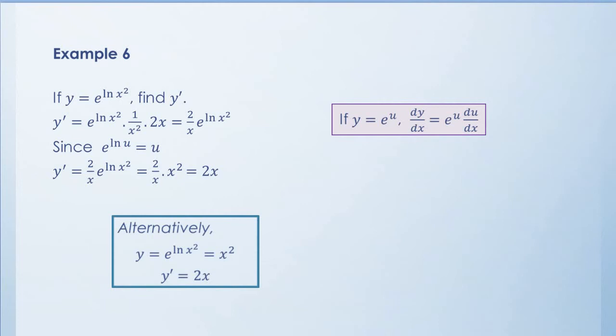So I repeat, we just apply the formula if y equal to e^u, so we differentiate y or y prime equal to e^u du dx. So let u equal to ln x squared, so differentiate ln x squared, we get 2 over x. That's why e^u du dx, where du dx is 2 over x.